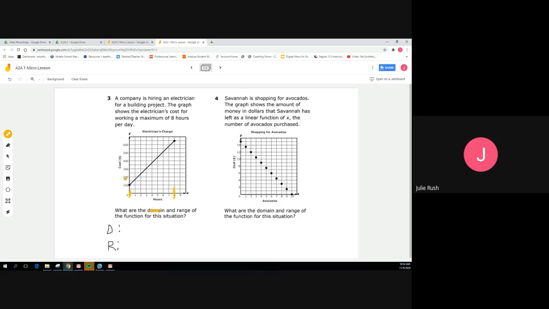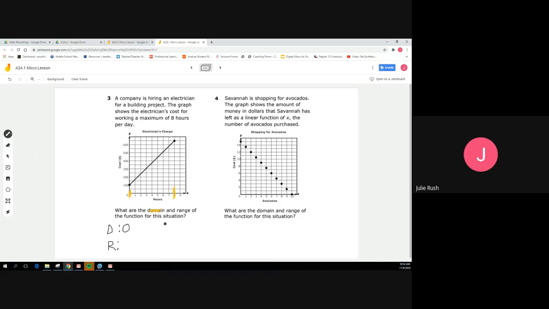All of my x values are between 0 and 8 for this function. And they include 0 and 8 because I have a closed dot, or a filled in dot, at the end, which means that it does include 0 and 8 in the values for this function. So I have 0 as my left boundary.